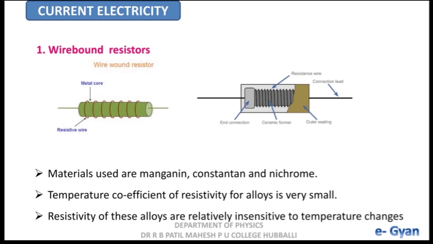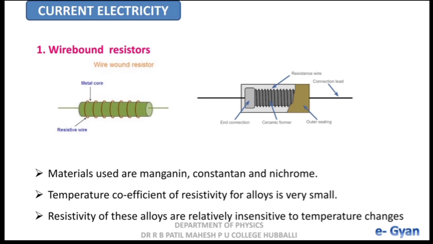The resistivity of these alloys is relatively insensitive to the change of temperature. Hence, these materials are used for manufacturing wire bound resistors. This is the brief description about wire bound resistors.